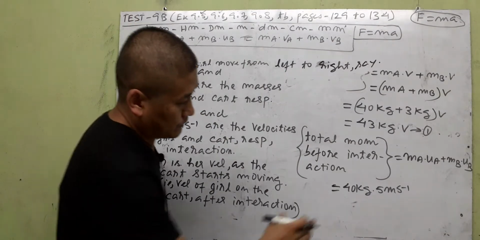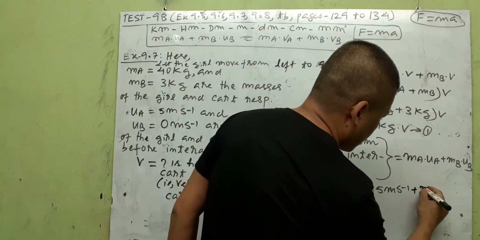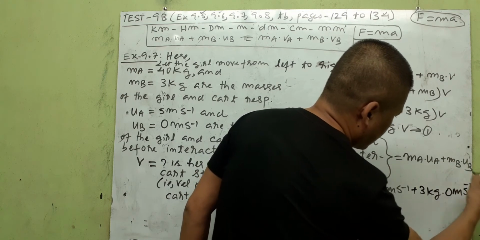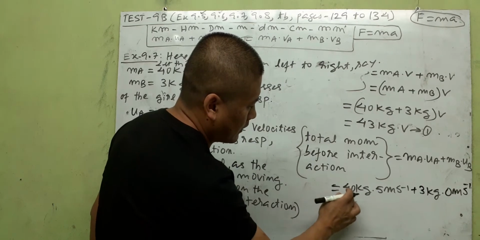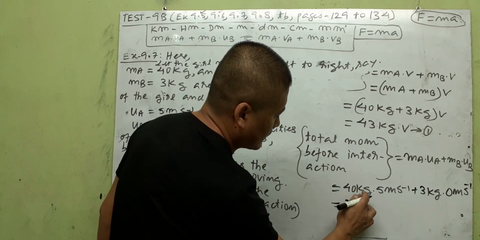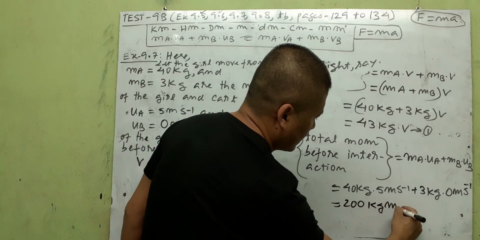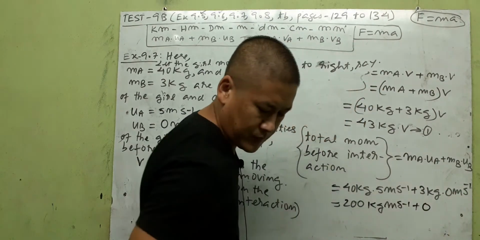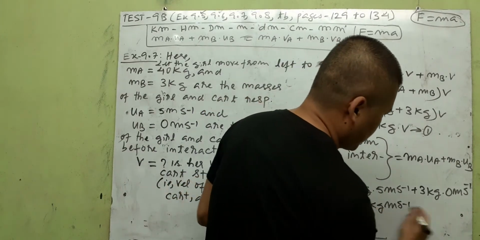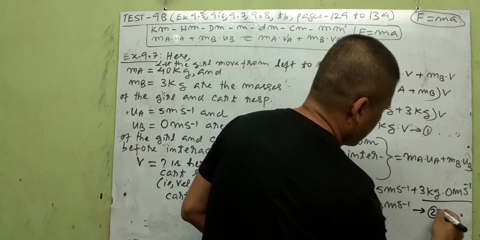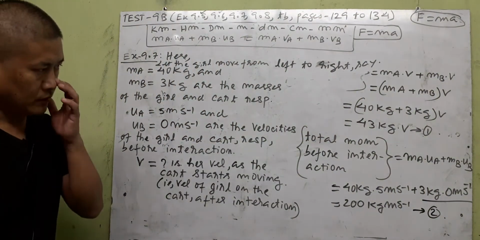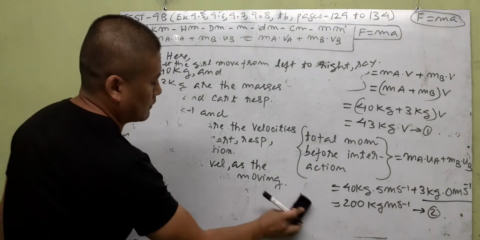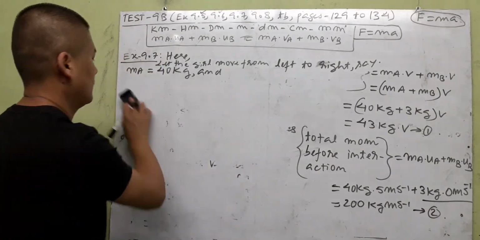So that is this one, plus 3 kg is the mass of the cart into initial velocity of the cart is 0 meter per second. So 5 fours are 20, so 200 kg meter per second plus 3 into 0 is 0. This will disappear because multiplied by 0. So that will be simply this much. Equation number 2. Then you can write here the final steps, maybe.